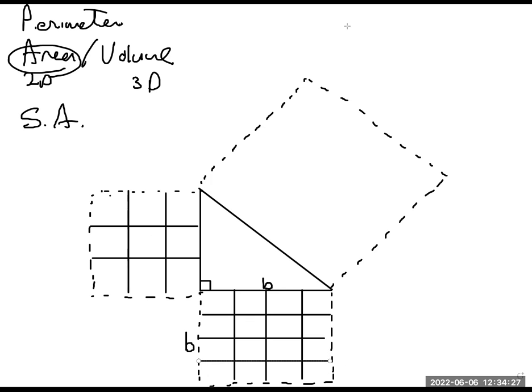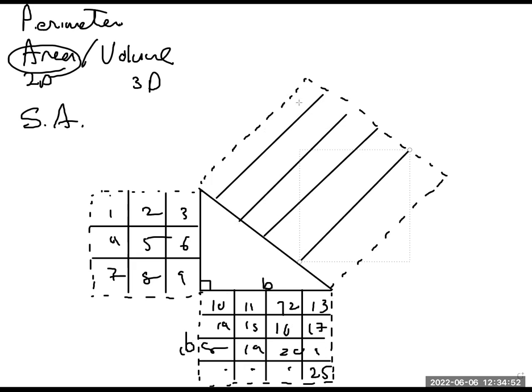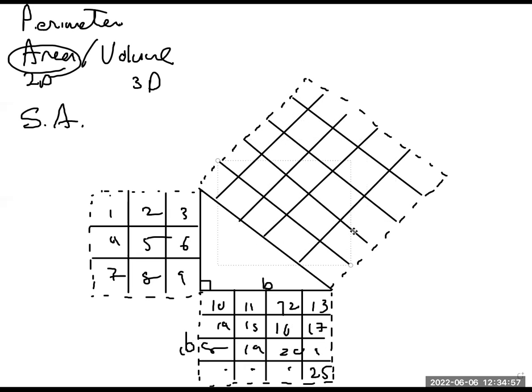So I have 1, 2, 3, 4, 5, 6, 7, 8, 9, 10, 11, 12, 13, 14, 15, 16, 17, 18, 19, 20, 21, 22, 23, 24, 25 squares in total. If I were to count all the squares of this ginormous square, the theory is I should be able to count 25 squares.